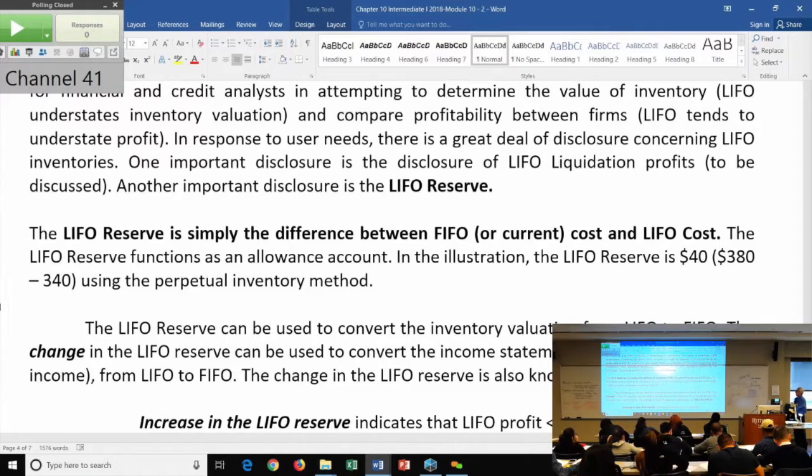So, in order to get the LIFO, we use the LIFO Reserve. Now, the footnotes will disclose this, and you will be able to convert. So if you went to the footnote, you would find the LIFO Reserve. So this company internally is under FIFO.